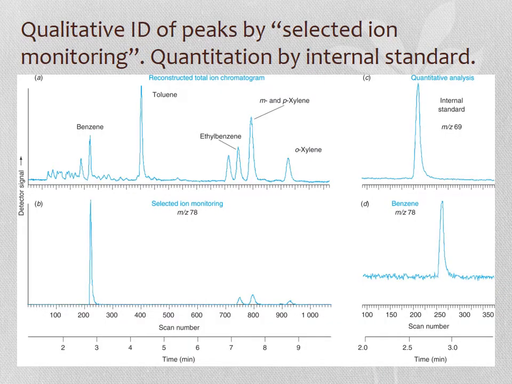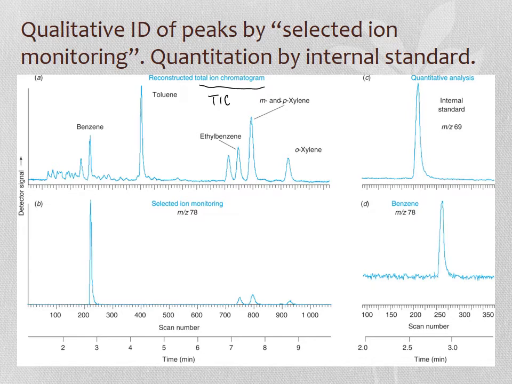So when you're using these specific things, you can do what's called selected ion monitoring. So up here, our reconstructed total ion chromatogram. This is everything. Total ion chromatogram is also termed TIC. If you're doing the GCMS lab, you will have seen TIC.